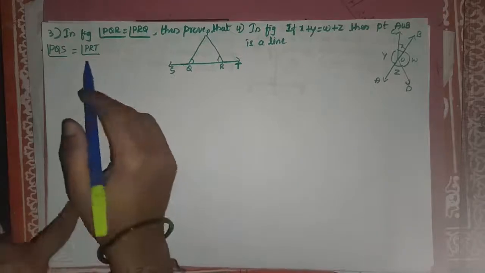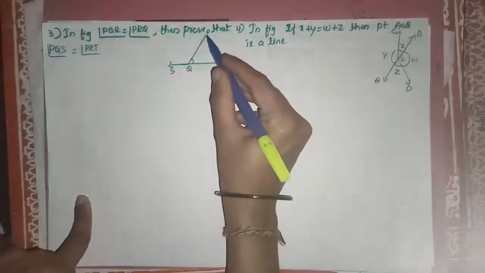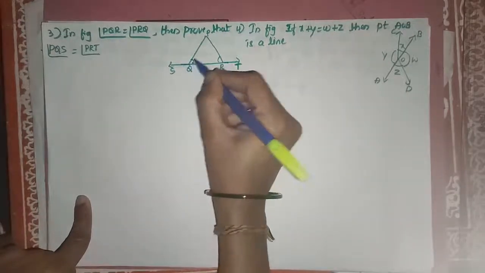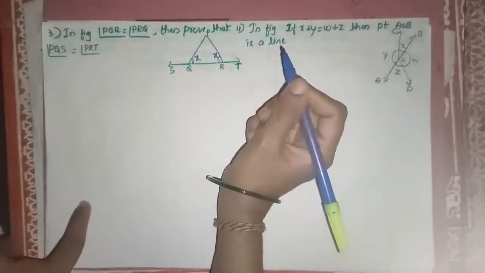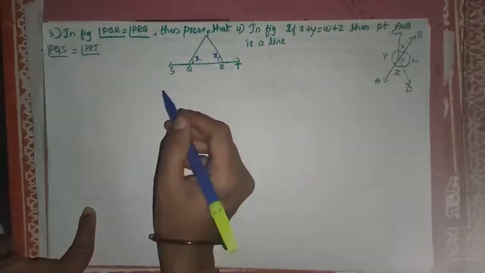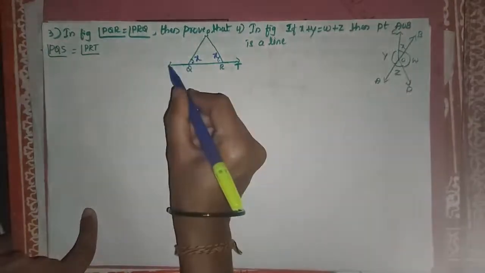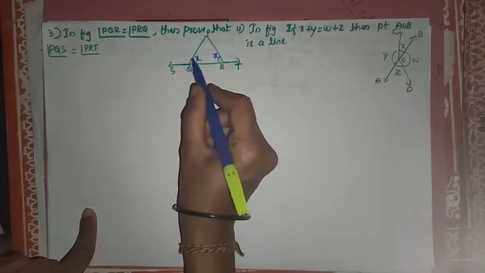In the third question, in the given figure, angle PQR equals angle PRQ. These two angles are equal, I call this X. Then prove that PQS equals PRT. Now we know that on a straight line, these two are adjacent angles. The sum of these two is 180.